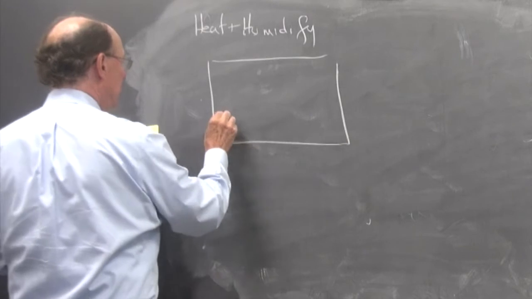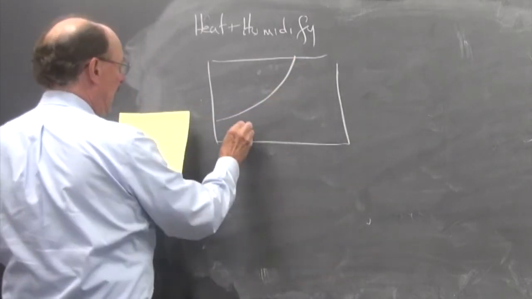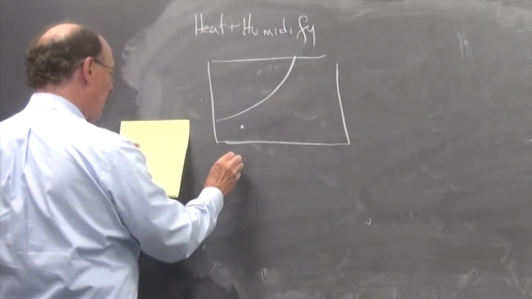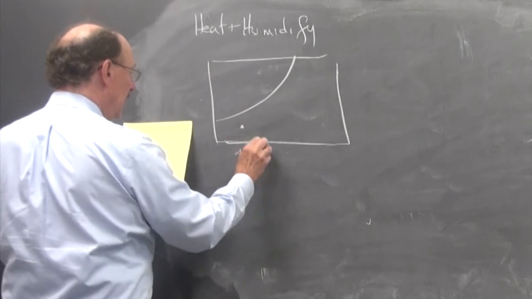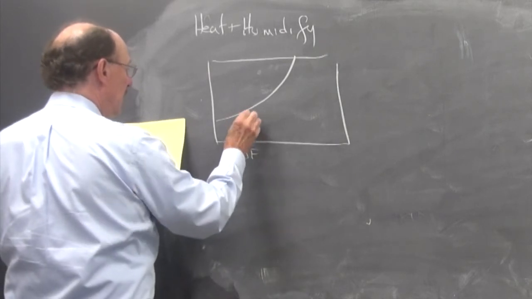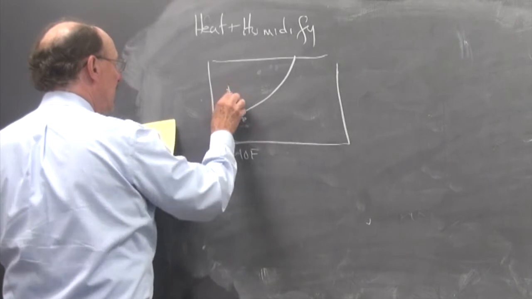I take a psychometric chart, and if I'm starting here, and let's say this is 40 degrees Fahrenheit, and I'm at phi equal to 80%.